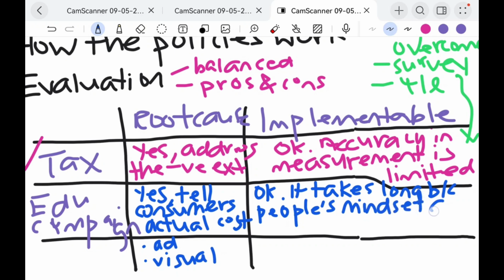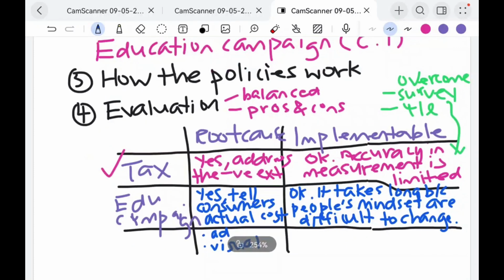Okay, so here again, are we showing that this is not implementable? No, right? We are just saying that it is difficult to change, but it doesn't mean I cannot change it. So what can you do to change people's mindset? Maybe I will try different ways of advertising.